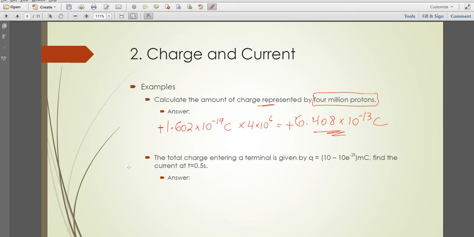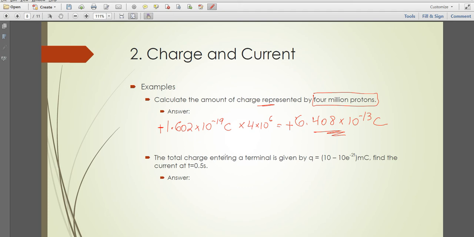Okay, now for the next exercise, we need to calculate the total charge entering a terminal of any element, it can be a resistor or any load.